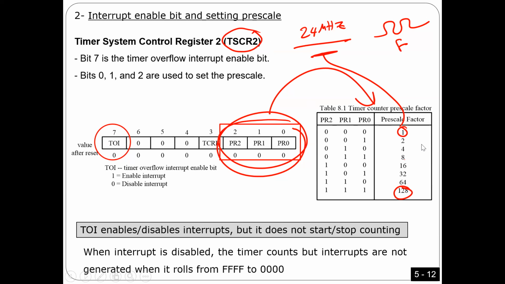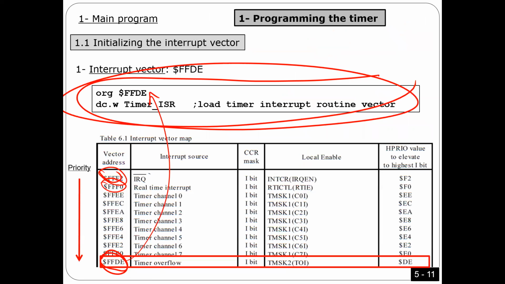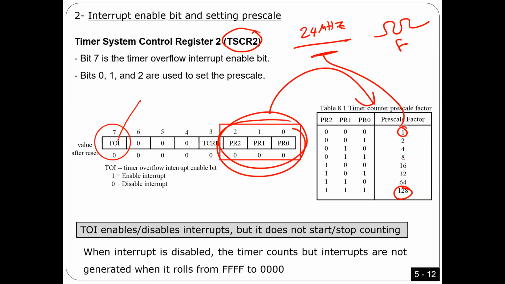Also, as I have just said, because we have interrupts here, there should be an enable bit, enable or disable overflow interrupts, okay? This is the bit you can use for enable or disable. So here, if you put 1, you enable interrupts. If you put 0, you disable interrupts. Is that okay? If you disable interrupts, it doesn't mean the timer is not counting.